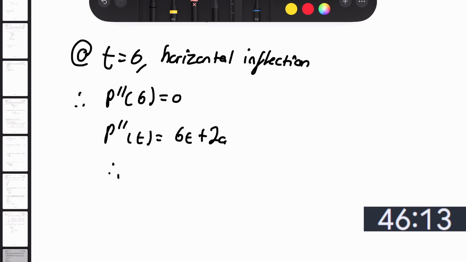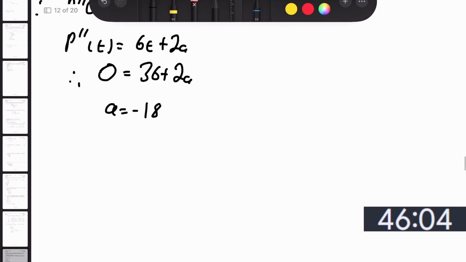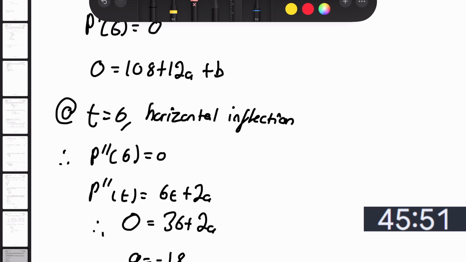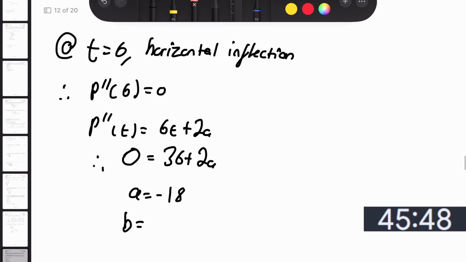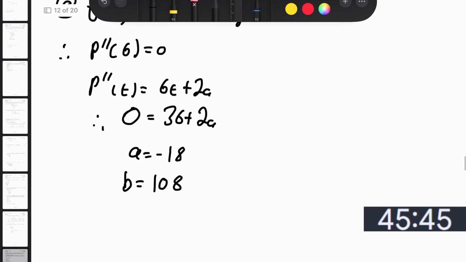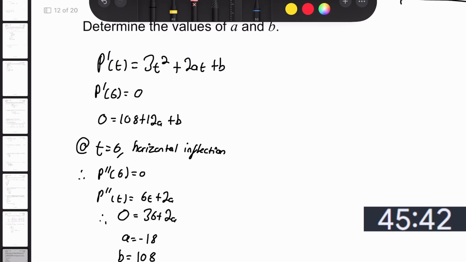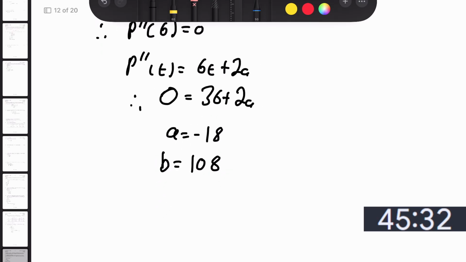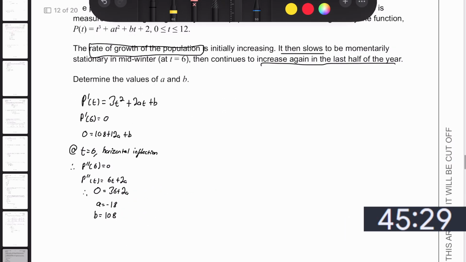Therefore, 0 is equal to 36 plus 2a. A is equal to negative 18. Then b is equal to, so 108 minus 12 times 18 plus b equals 0. Solve. B is 108. Okay. I think that's it.